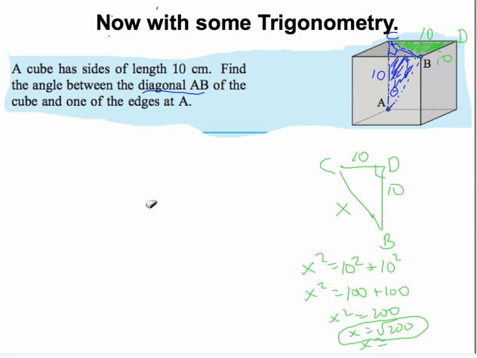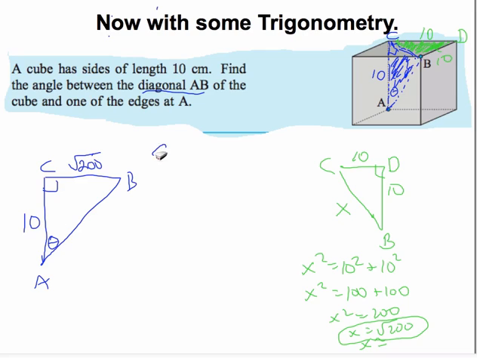Okay, now we'll try to find the angle theta. So let's draw the blue triangle here, triangle ABC. This is C, B, and A. This is theta. We know this is 10, and now we know this is root 200. So here we can use trigonometry. I'm going to write out SOHCAHTOA. Which one do we use?